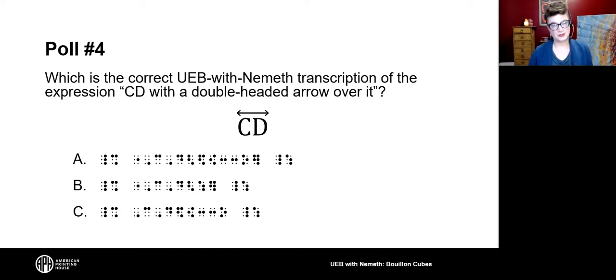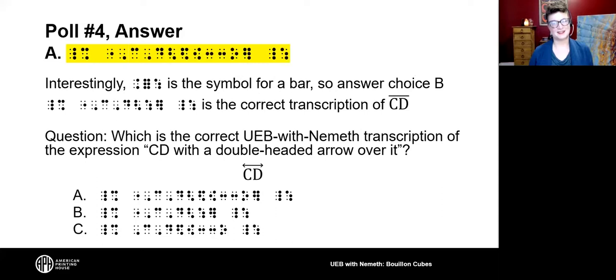The correct transcription of this print is answer choice A, where we open our modification, we capitalize our letters individually, we have a directly over indicator, and then the 5 cells that give us the shape of the double-headed arrow and the terminator at the end of our modified material. And all of that is within our Nemeth Code switch indicators.